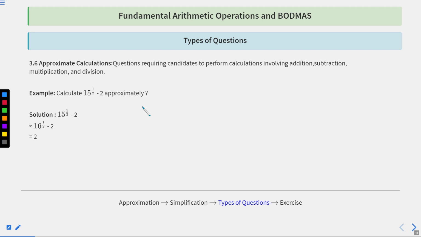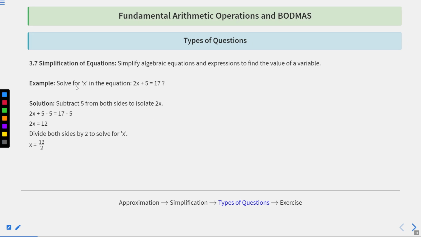Working with 15 to the power 1 by 2, root 15, can be tedious. So we approximated it to root 16, which is equal to 4. So root 15 minus 2 is approximately equal to root 16 minus 2. And root 16 is 4. So 4 minus 2, it is 2.